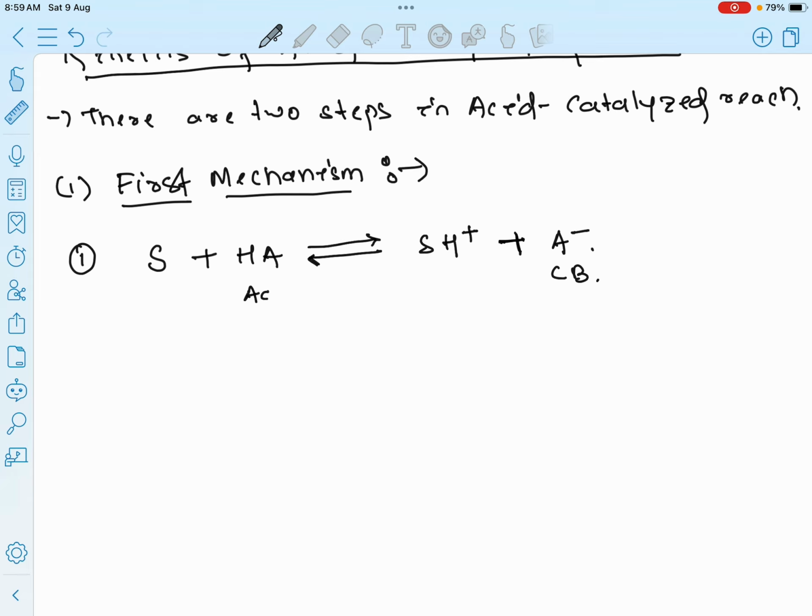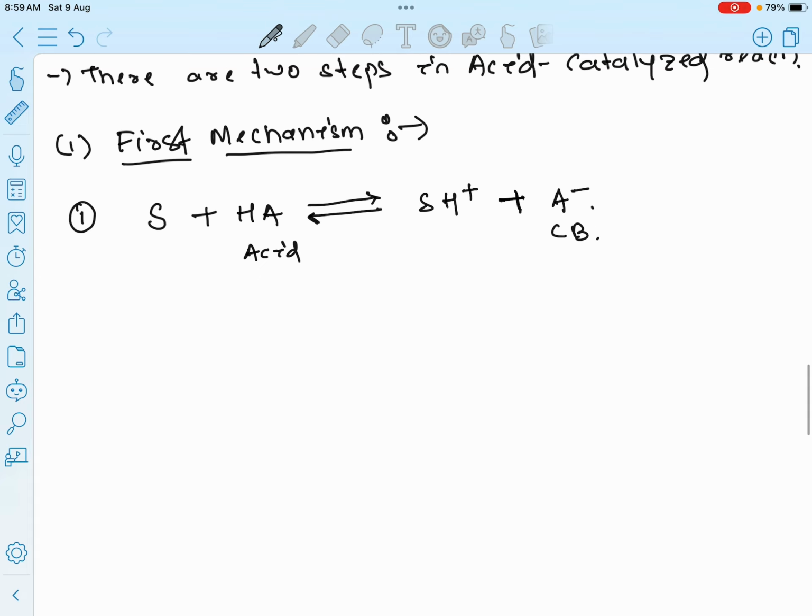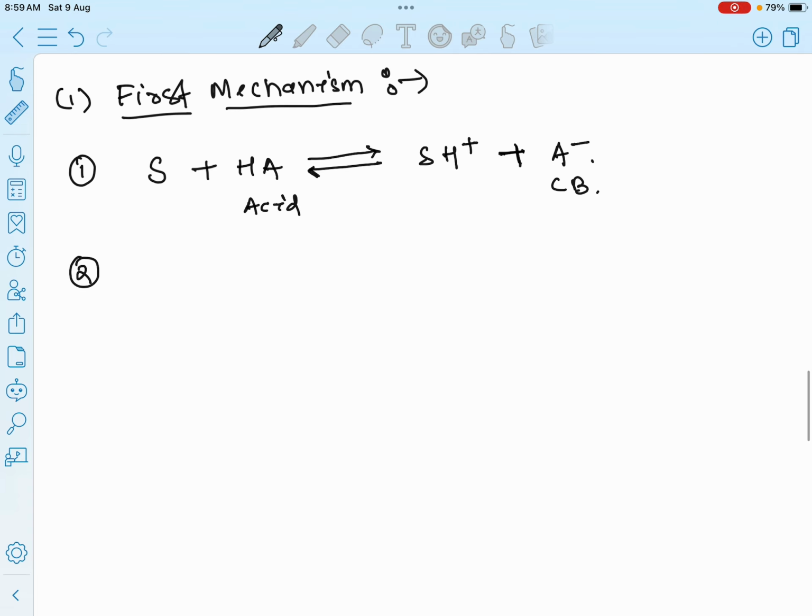If it is an acid, HA and A minus are the conjugate acid-base pair, as you know from the Bronsted concept. Next, in step number 2, what will happen?